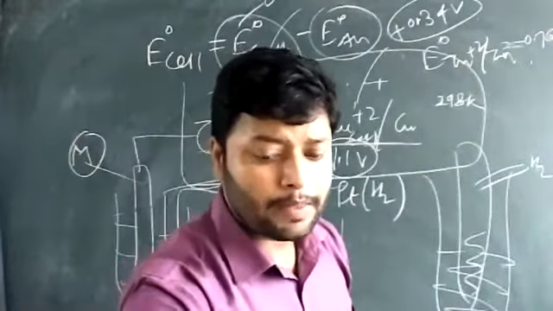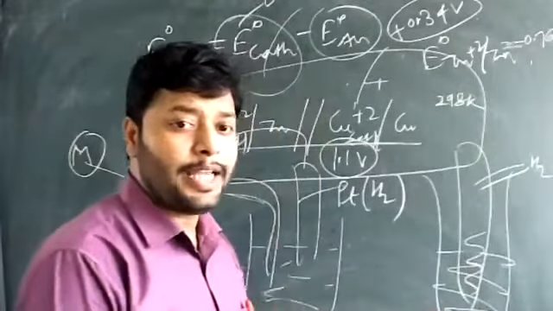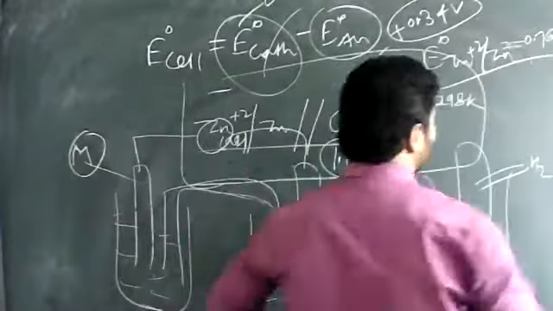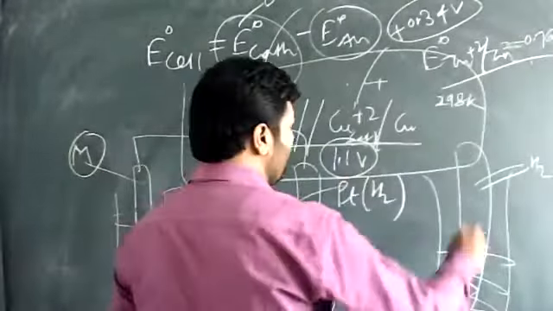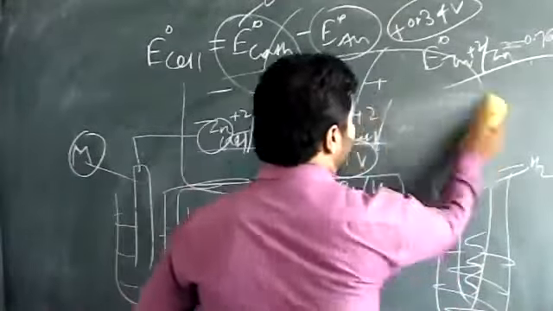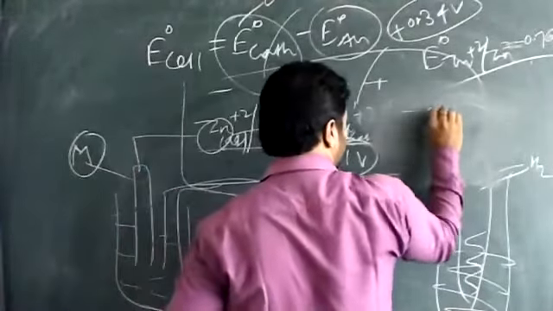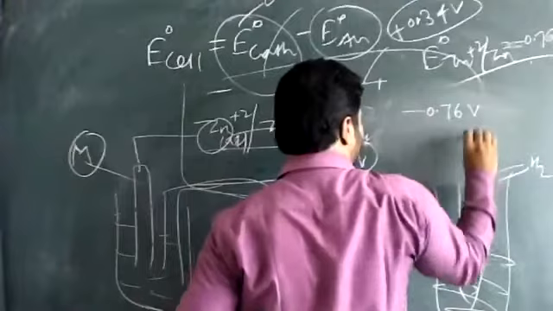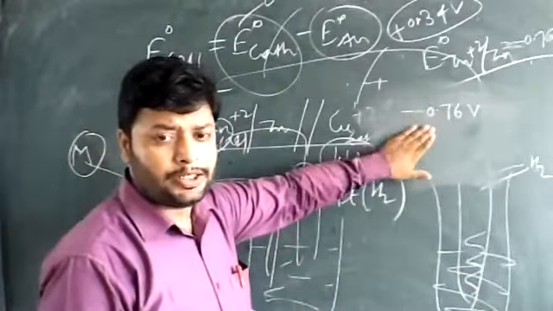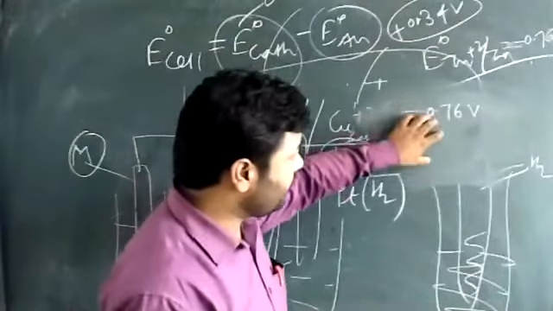For example, you can take some other example also. Suppose we are having zinc. And the value of zinc is minus 0.76. This is the electrode potential value in the condition of reduction.